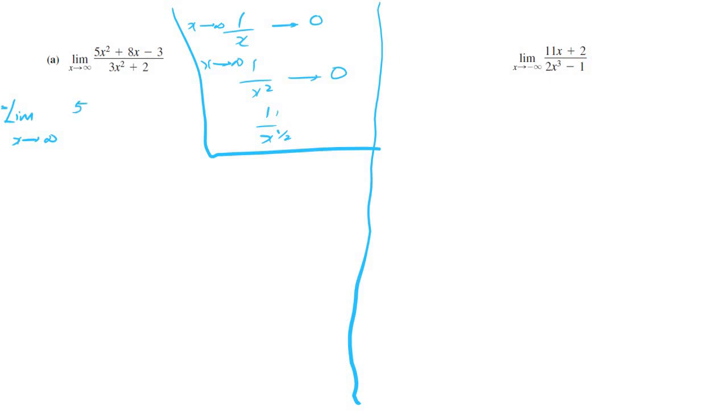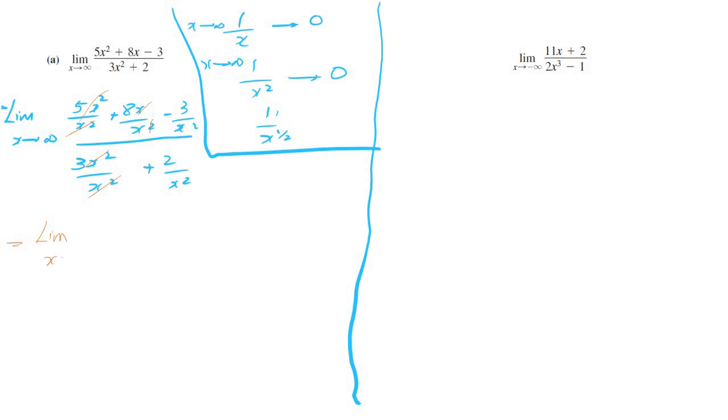So we have 5x squared over x squared plus 8x over x squared minus 3 over x squared, over 3x squared over x squared plus 2 over x squared, right? So we can cross off the x squared terms because they are similar, and we can cross off 1x there. Then we have a very convenient equation.